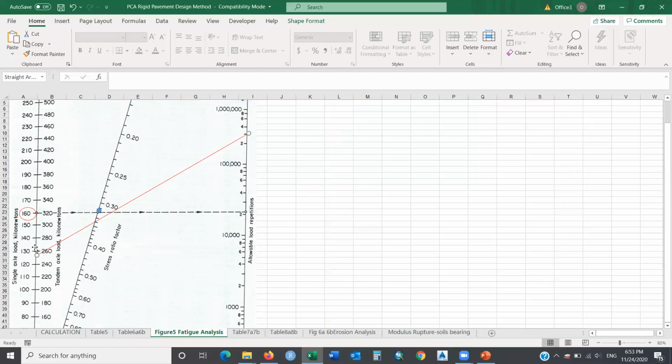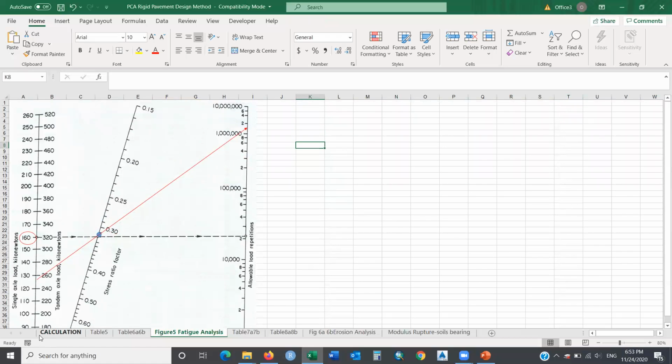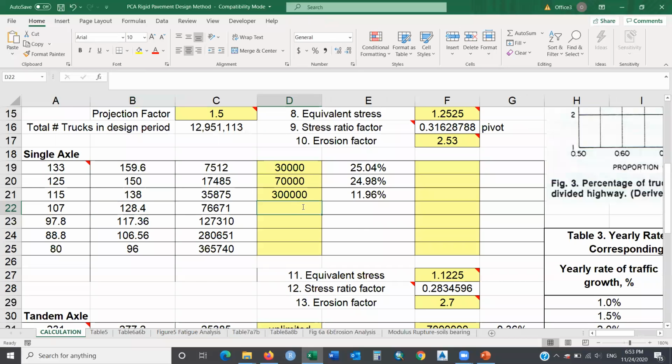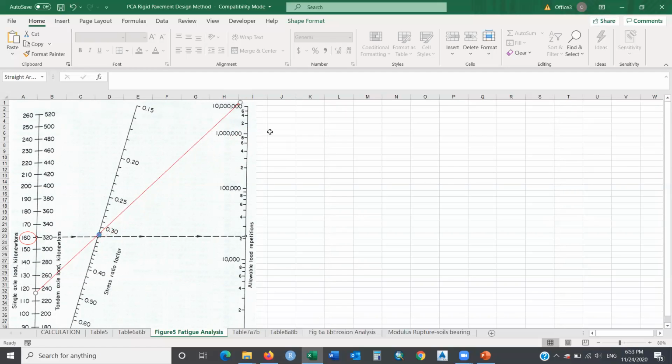Remember, I'm reading on the left because it's single. This is, let me see, 1.5 million. 117. Voila, unlimited.